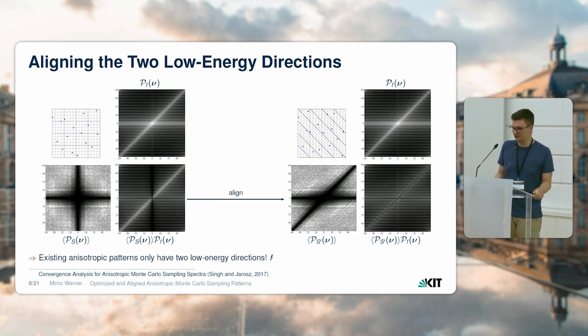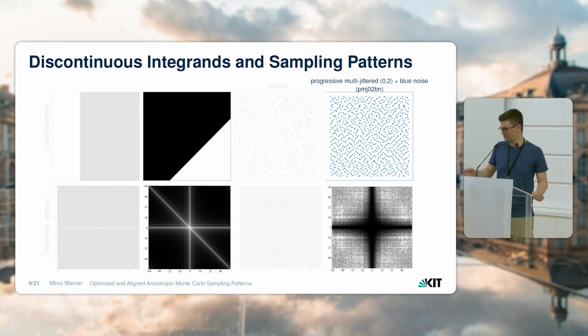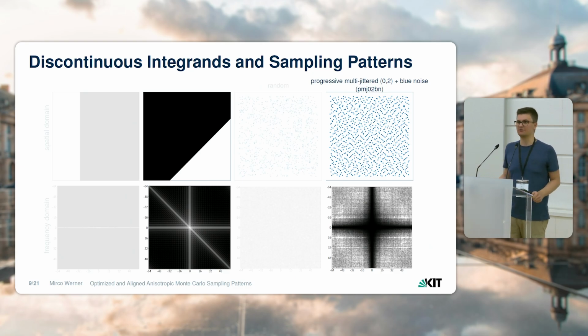The general problem here, however, is that these existing anisotropic patterns only have two low energy directions. But as we've seen here on the slide before, even for a simple diagonal edge or discontinuity, which isn't uncommon in rendering when you think about shadow edges, then you already get three high energy directions, and we can clearly see the mismatch here.